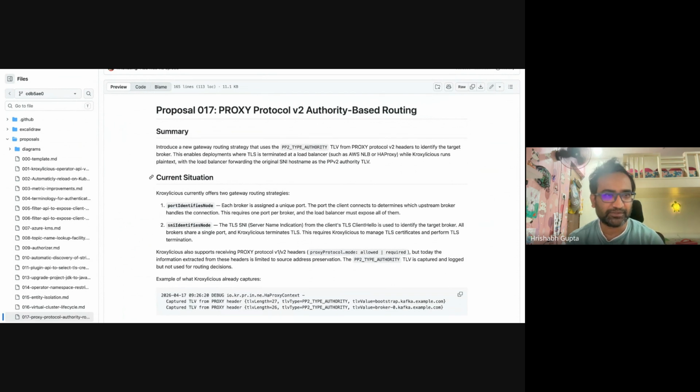Many people use this service mesh architecture, and Envoy is always there. There it becomes a little useful too. But it will require extra effort from the customer side so that Envoy also sends the PPV2 header to Kroxylicious.